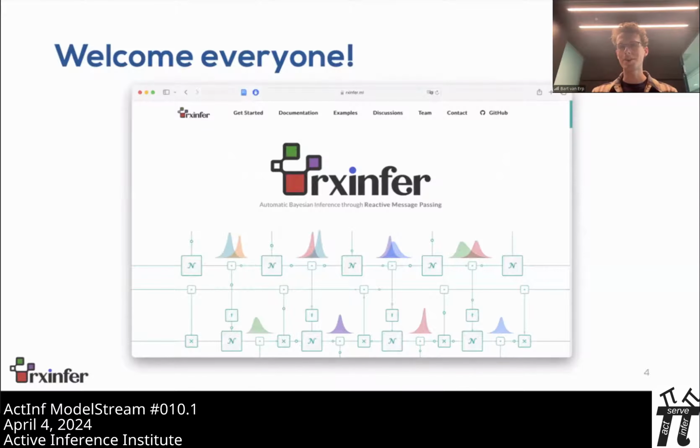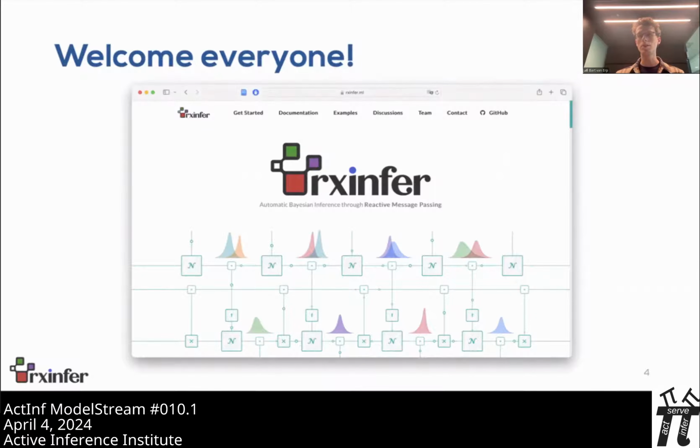Our engine, RxInfer, you might have already heard about this, is a Julia engine which allows us to perform automatic Bayesian inference, specifically through reactive message passing. The engine that we have built is completely reactive, which means that it doesn't do anything unless there is something to do for it. So it's relatively energy efficient because it doesn't consume energy during all the other moments.